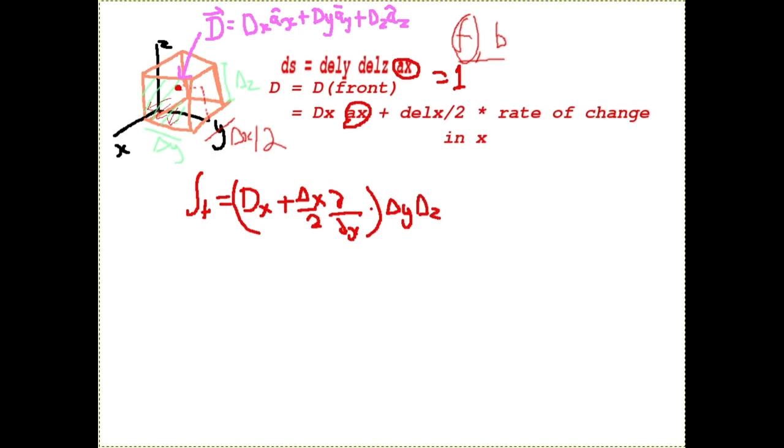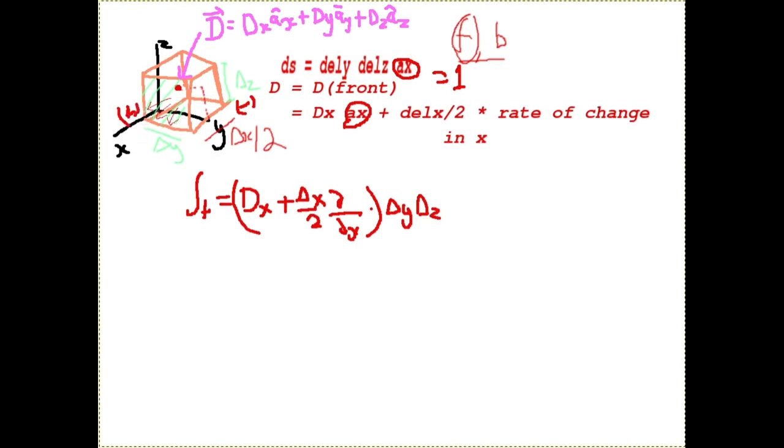Now what happens if I go for the back surface? When I go for the back surface, we have to understand that this is away from the x-axis, that is, it is actually on the negative side of my x-axis. The front is the positive side of my x-axis, and this one is on the negative side.